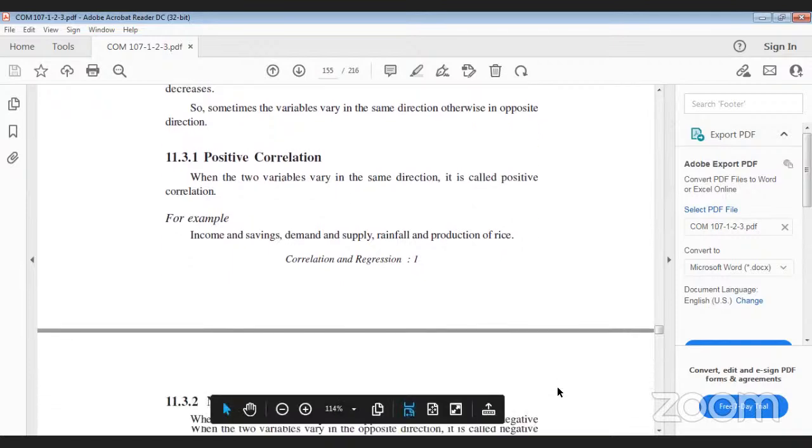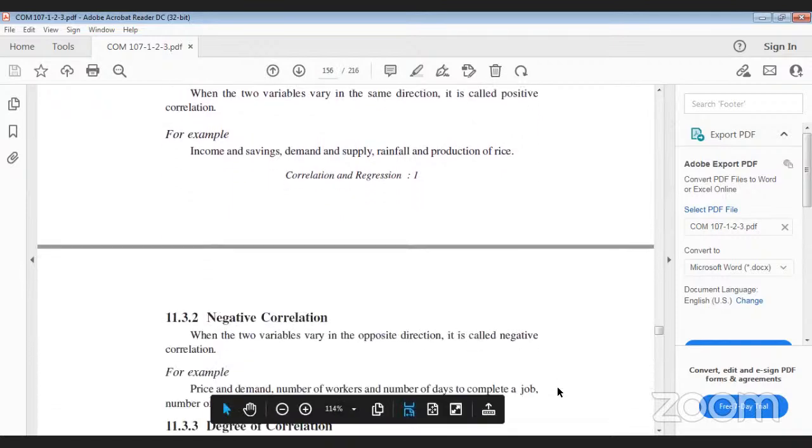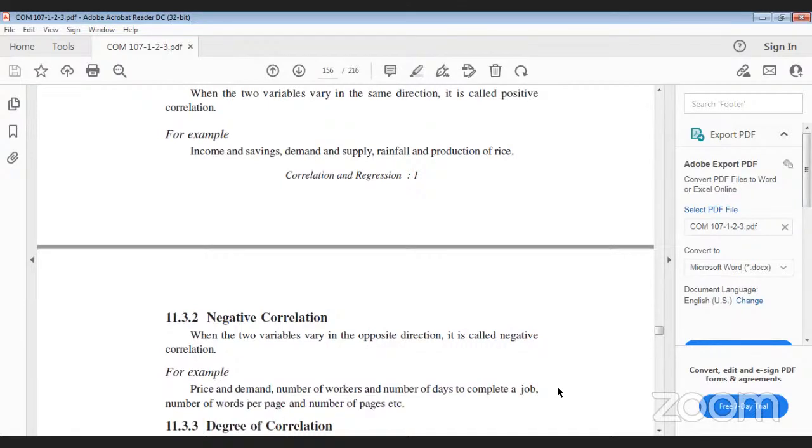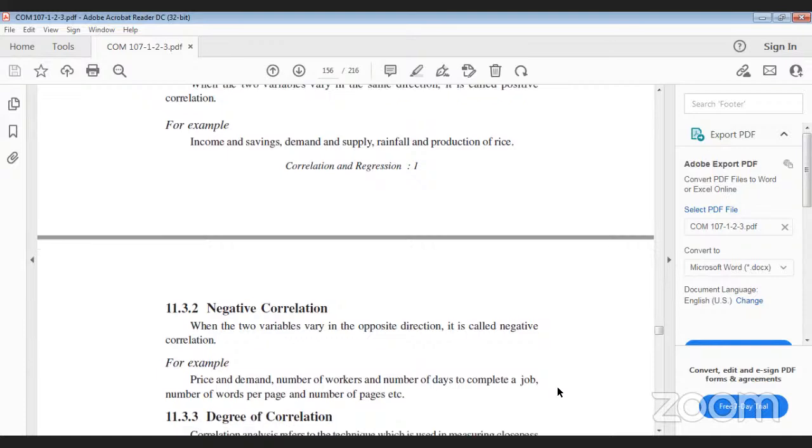Second is negative correlation. When the two variables vary in the opposite direction, it is called negative correlation. For example, price and demand, number of workers and number of days to complete a job, number of words per page and number of pages, etc.